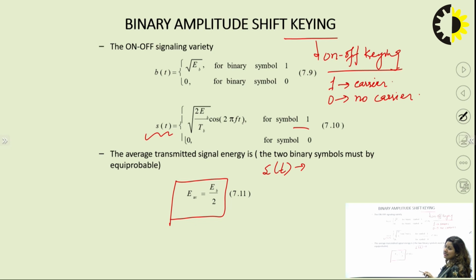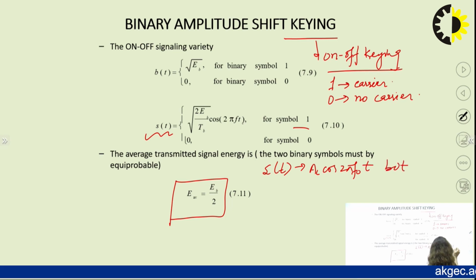In ASK it's a simple multiplication of the carrier with the binary data. Whenever the binary data is 1, the carrier is present. Whenever the binary data is 0, no carrier is present. So we get s(t) equal to AC cos 2 pi F naught t for bit 1 and 0 for bit 0.